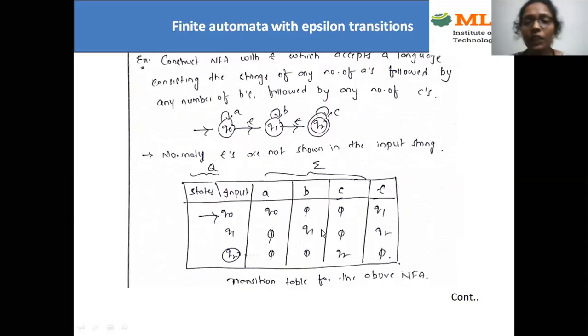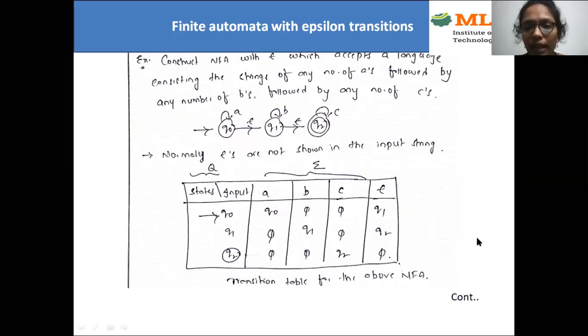Now we need to check whether the given string is accepted or not, string acceptance. Along with drawing the diagram and the transition table, you need to check any one or two strings for acceptance or rejection. Here in the given question, any number of A's followed by any number of B's followed by any number of C's.